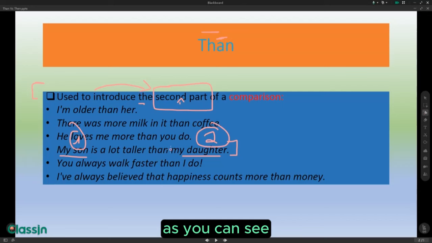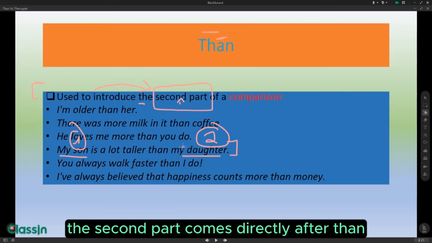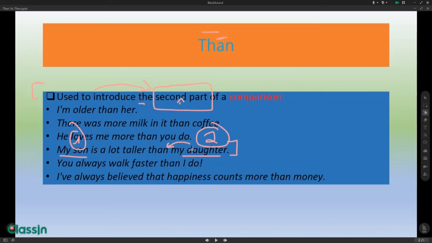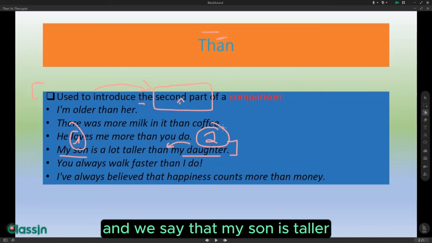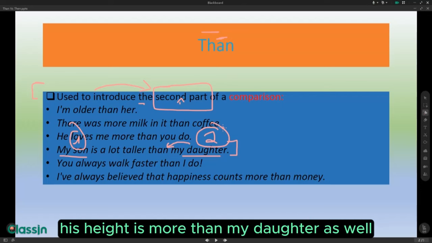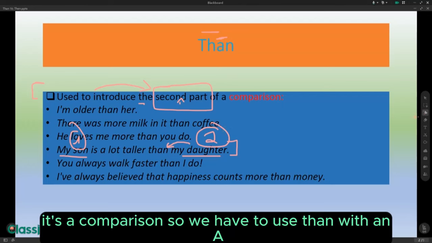As you can see, the second part comes directly after "than". And we are saying that my son is taller. His height is more than my daughter's. As well, it's a comparison, so we have to use "than" with an A.